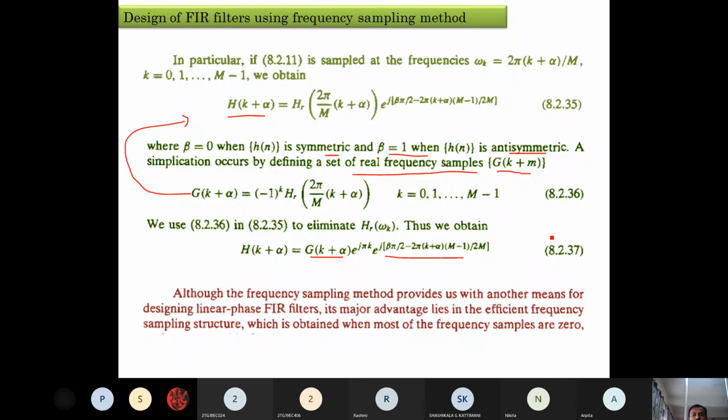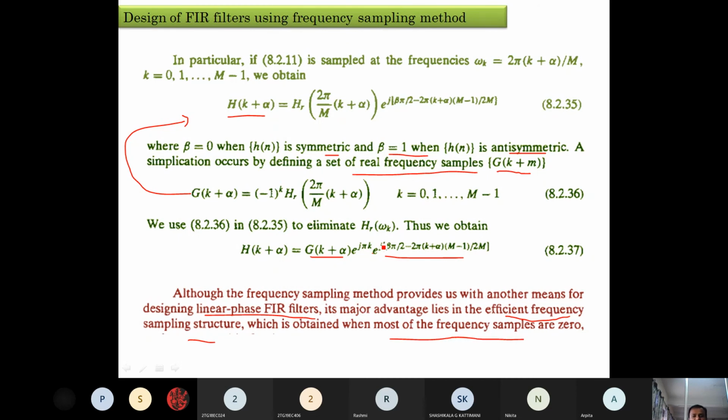Then the frequency sampling method provides another means for designing linear phase FIR filters, and its major advantage lies in the efficient frequency sampling structures, which are obtained when most of the frequency samples are 0.